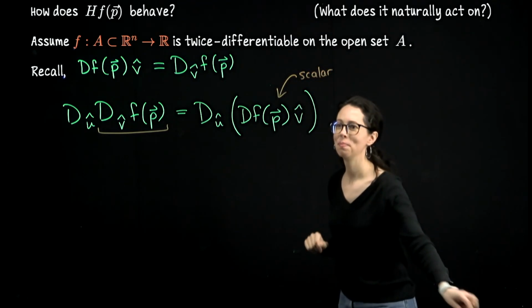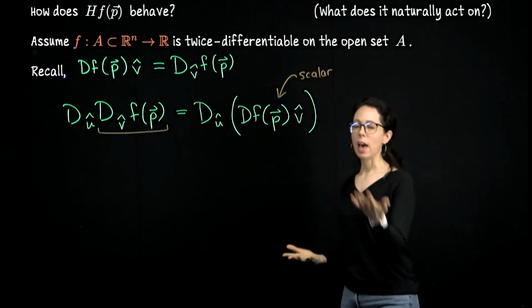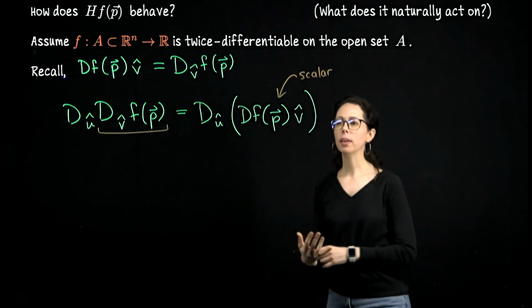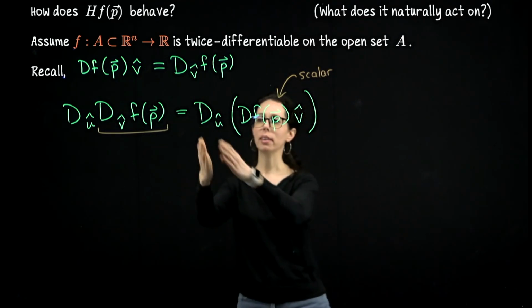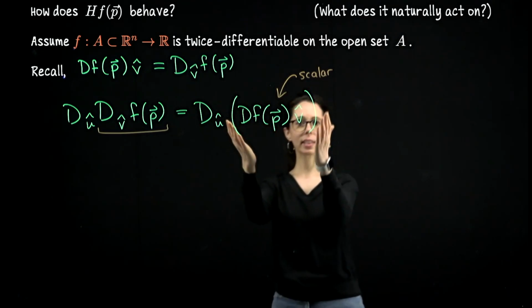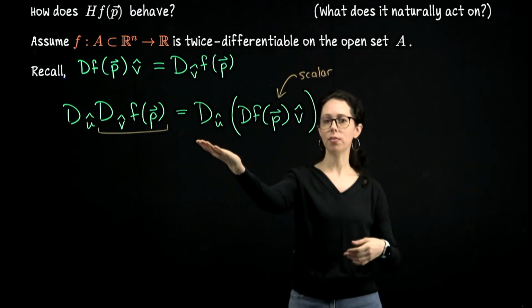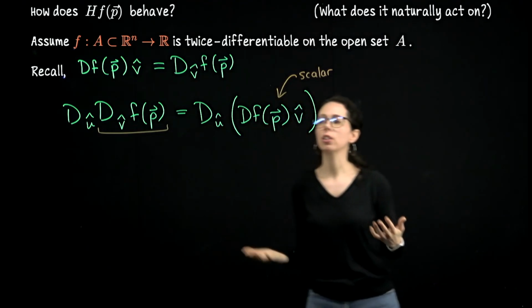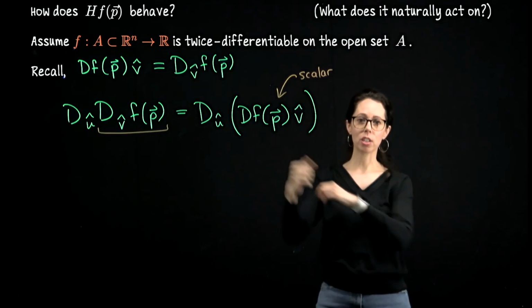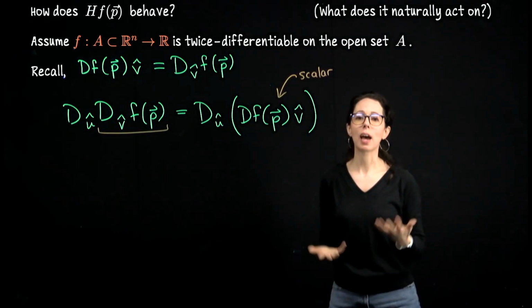All right. It's differentiable because f is twice differentiable, so I can keep going. And what I now want to do is recognize that I'm taking the directional derivative of a scalar quantity in the direction of u. Just imagine that this was like the word g. You would say, well, what is the directional derivative of g in the direction of u? It's the Jacobian of g times u.